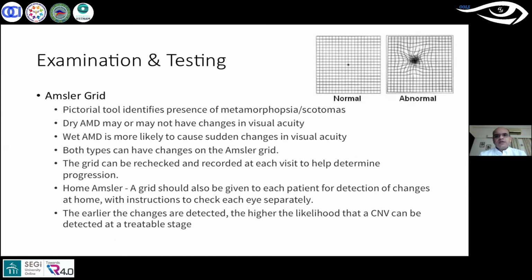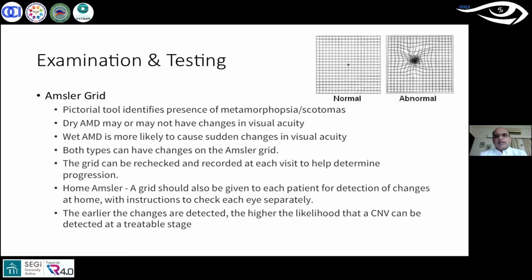What I like to do is give these Amsler's grids to patients at home, because for me these work as sort of like a home OCT, if you will, because the grid can be rechecked and recorded at home by the patient every couple of days.